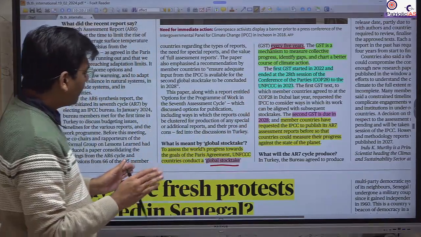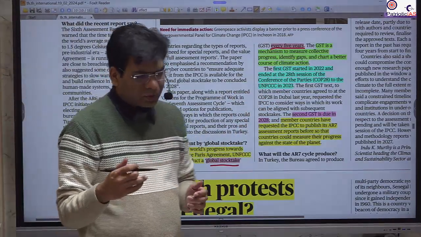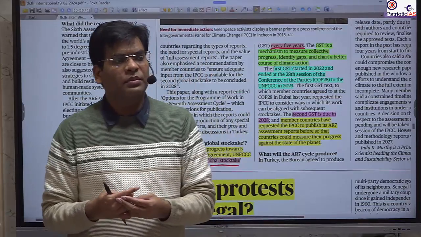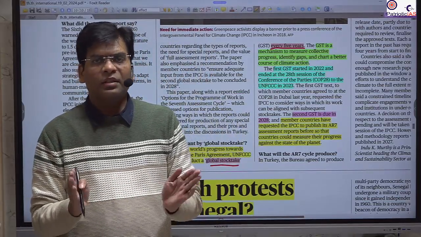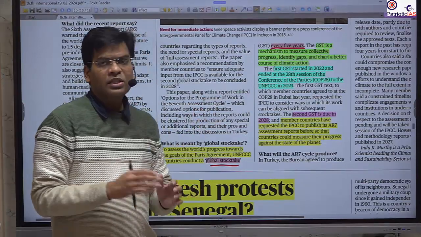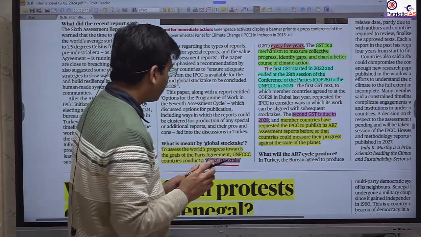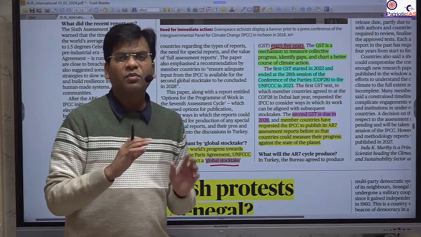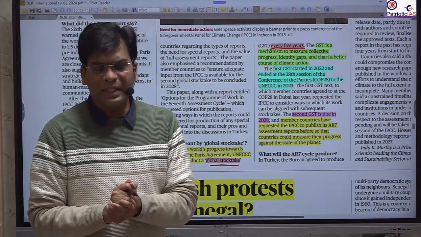So we consider that the industrial revolution was the initiation of this climate change, and at that particular time we considered that the temperature of the globe was 13.5 degrees Celsius.